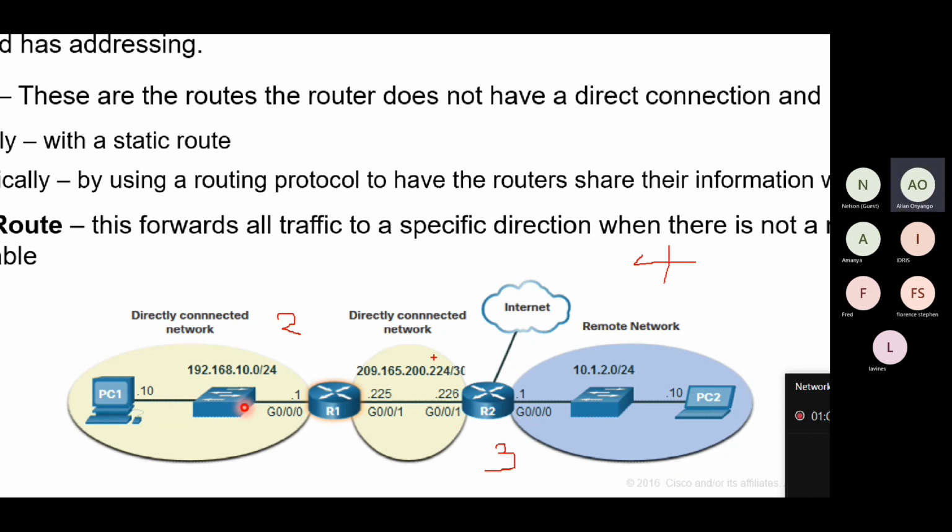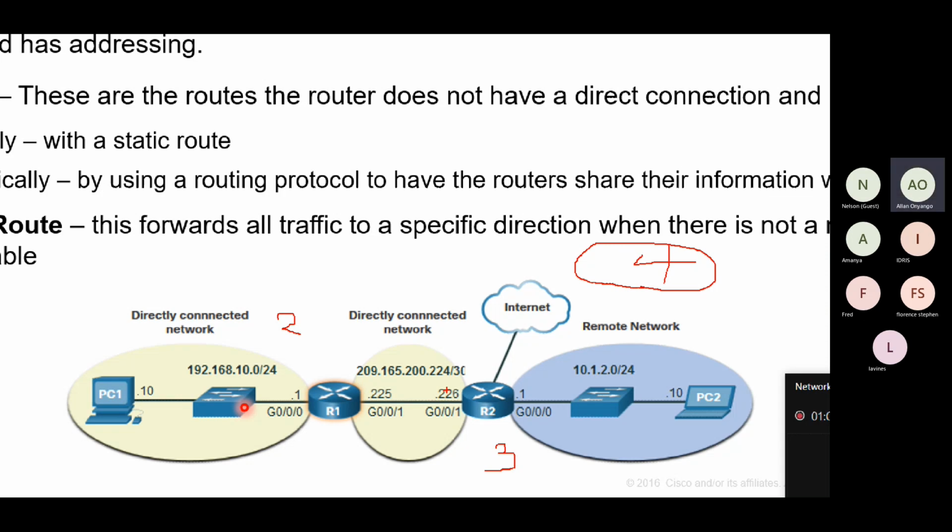Now, if you have 4 networks in total, and R1 is directly connected to 2 of them, how many are remaining? 2 more. Out of the total 4, R1 is directly connected to 2 of them, which therefore means that there exist 2 networks which are not directly connected to R1.